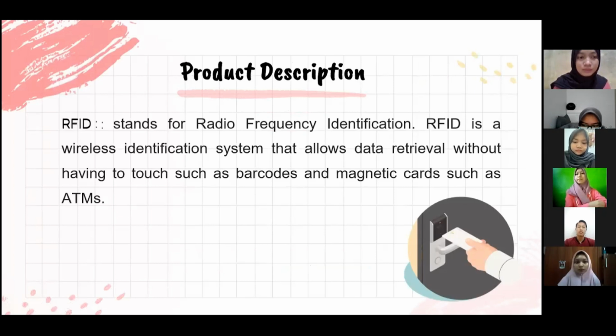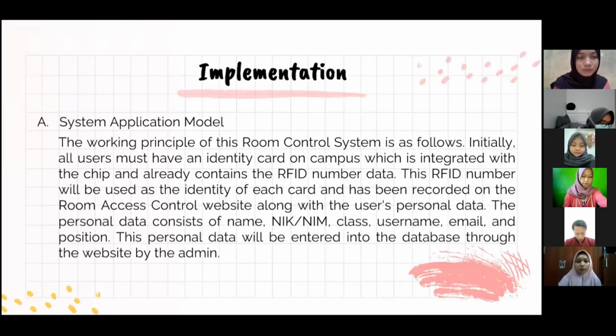Product description. RFID stands for Radio Frequency Identification. RFID is a wireless identification system that allows data retrieval without having to touch, unlike barcodes and magnetic cards such as ATM cards. Implementation. A. System application model. The working principle of this room control system is as follows.